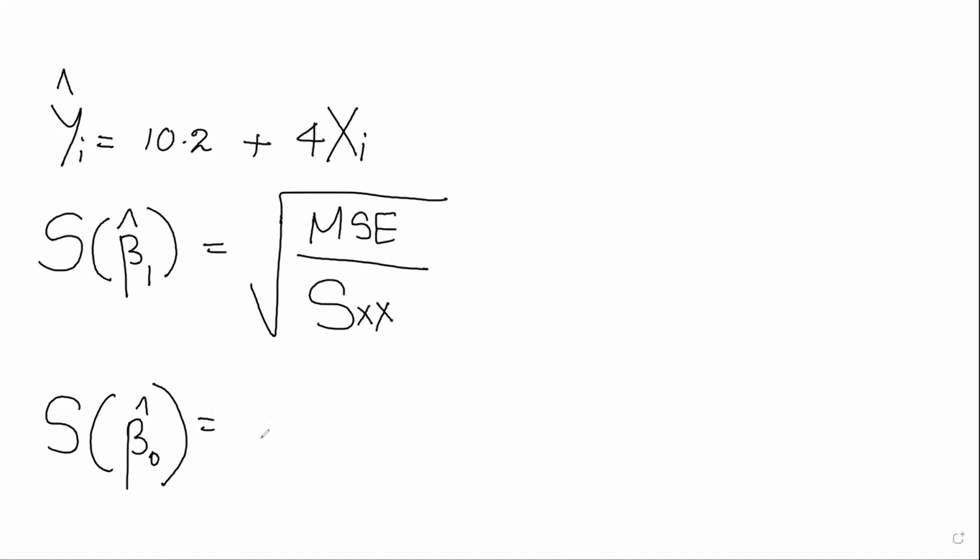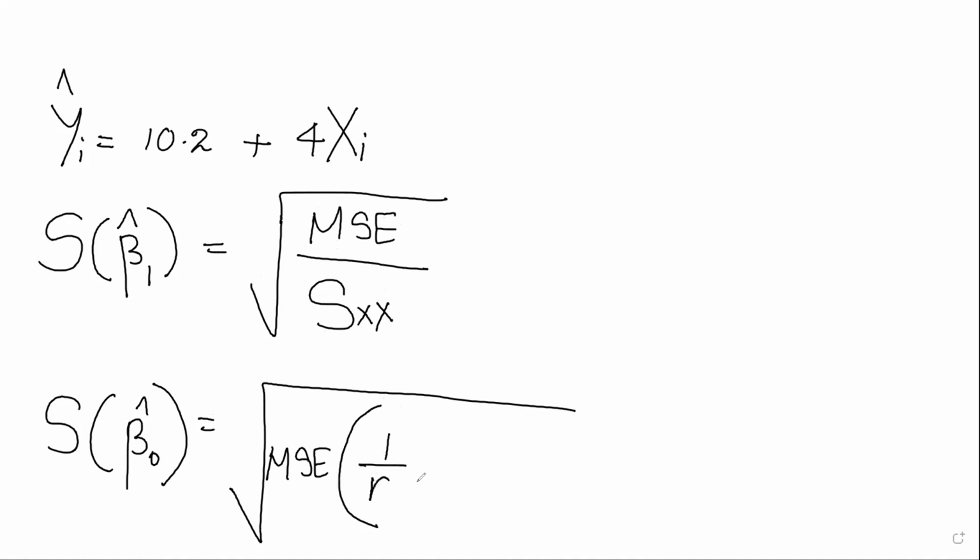If sigma squared is known, you can put sigma here, but it is unknown in our case. All we have is data in hand. These are the formulas. So think of a way of computing this quantity. You haven't computed MSE as well, so you have to compute that as well.